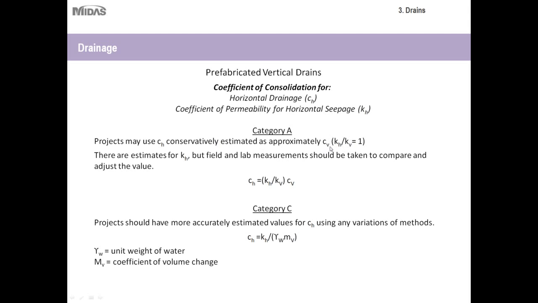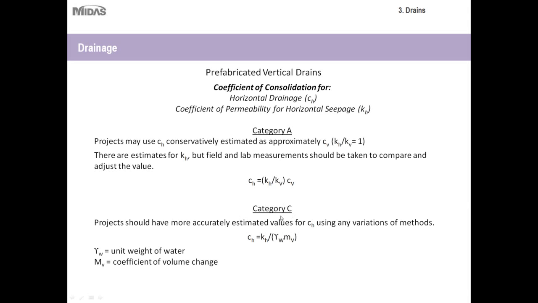So c_v, which you calculated from your oedometer test, multiplied by this ratio, which is usually taken to be 1 as a default value. So that's what you can use for your horizontal drainage. These are estimates, but field and lab measurements should be taken to compare and adjust the value just in case. So that would be the equation you'd use to get your coefficient of horizontal drainage.